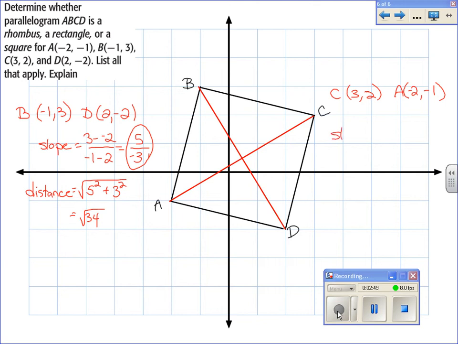Again, the slope here would be rise over run. So the difference of the y's, 2 minus -1, and the difference of the x's on the bottom, 3 minus -2. 2 minus -1 is +3. 3 minus -2 is +5. 3/5.